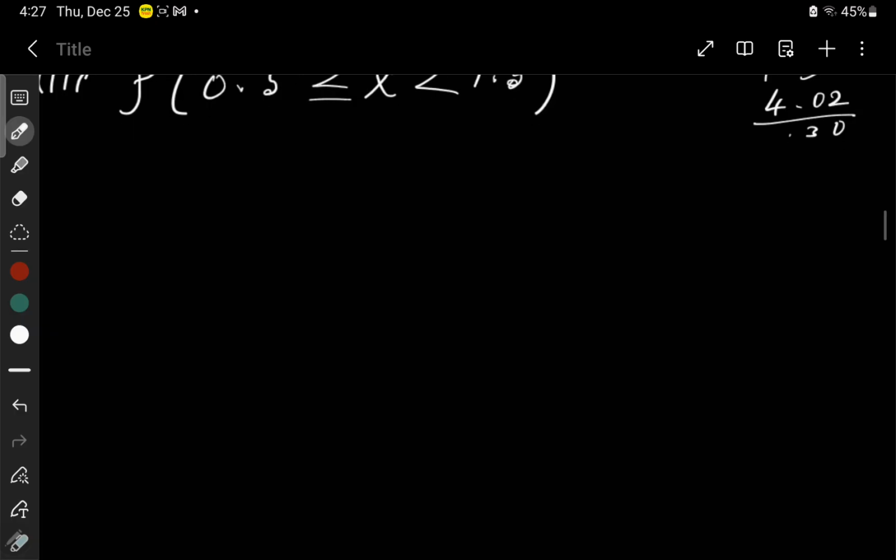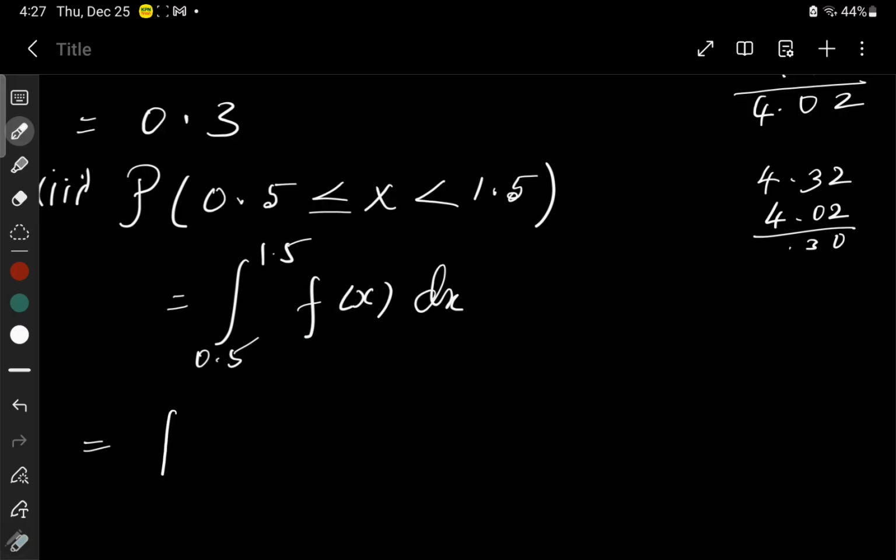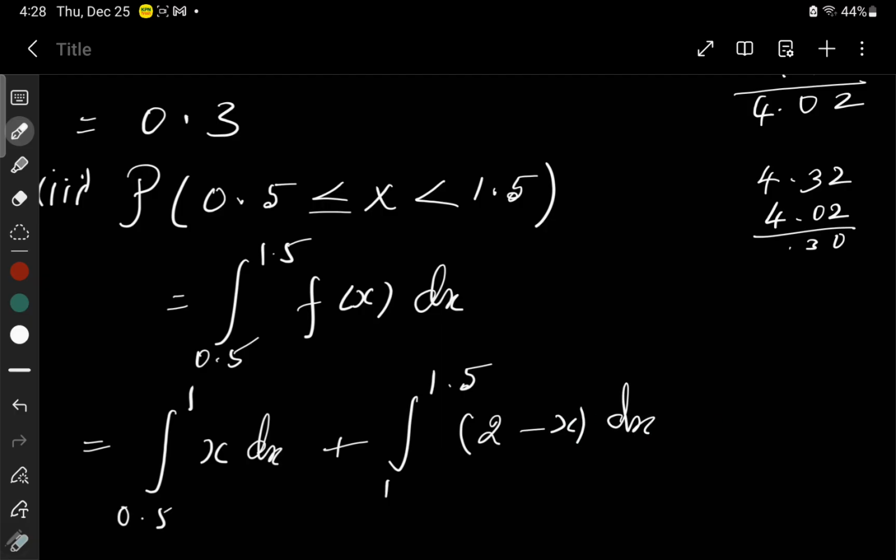So this is the integral from 0.5 to 1.5 of f of x dx. So, 0.5 to 1, first function x dx, plus 1 to 1.5, 2 minus x into dx.